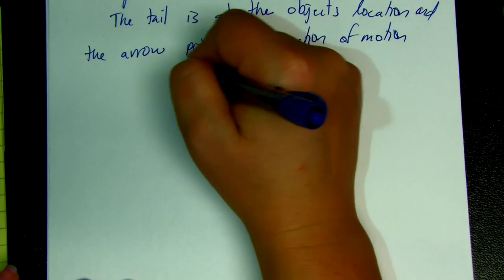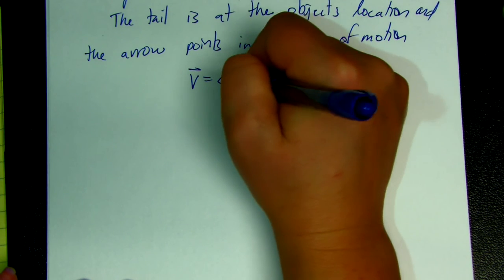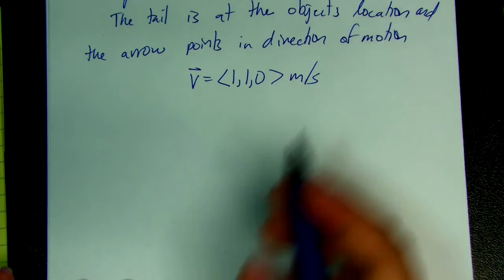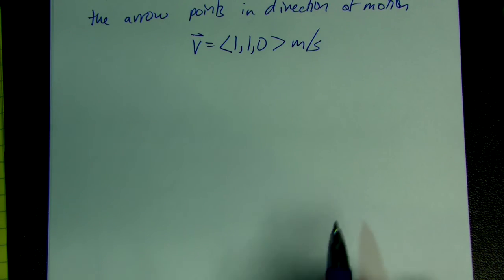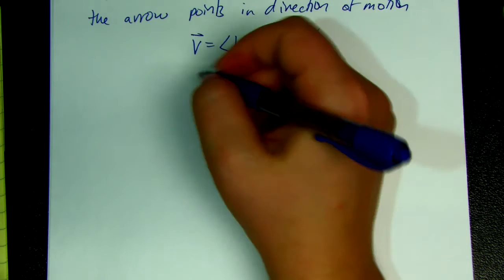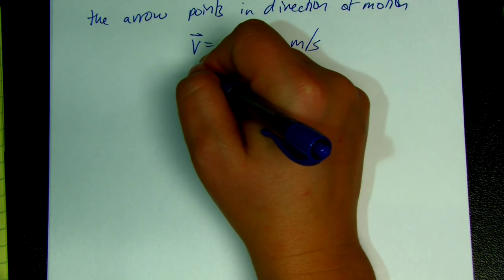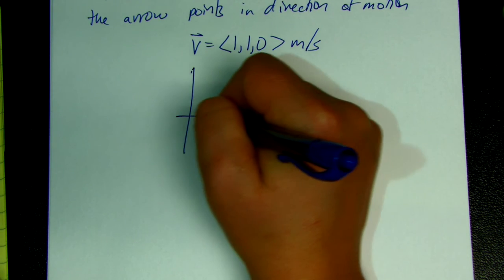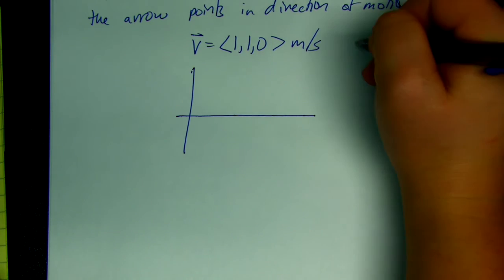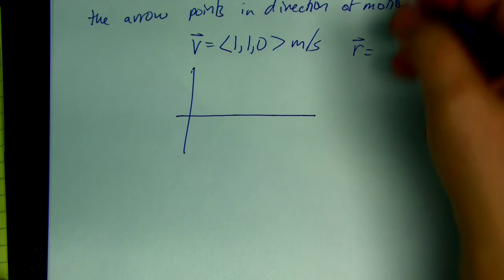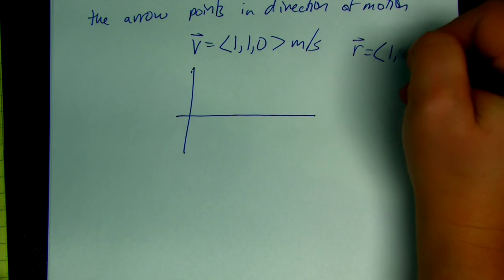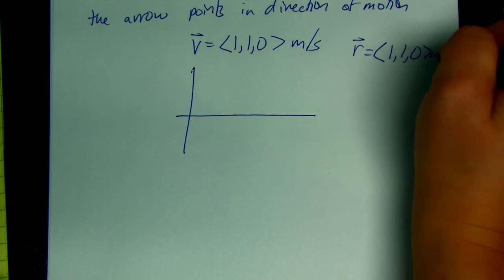So for example, if we had a velocity vector 1, 1, 0 meters per second, and let's say the object starts at, let's make it easy, 1, 1, 0 meters.